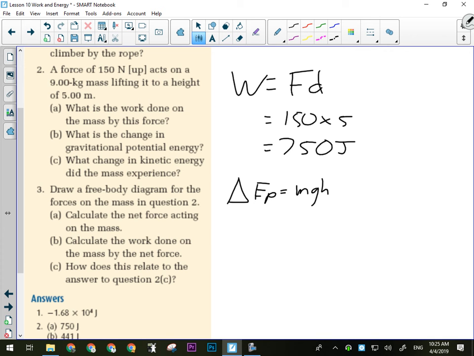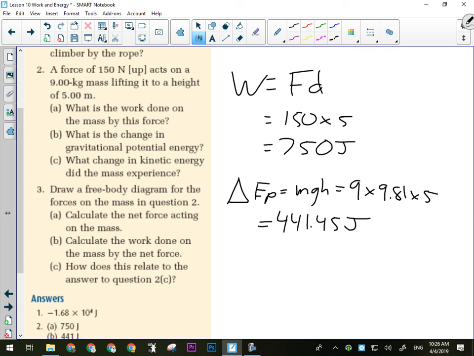But what's our initial potential energy? 0. We'd have to assume it's lifted from the ground. We're not told otherwise. So I'm just going to write m times g times h: 9 kilograms times 9.81 times 5 meters, which I think ended up being 441.45 joules.